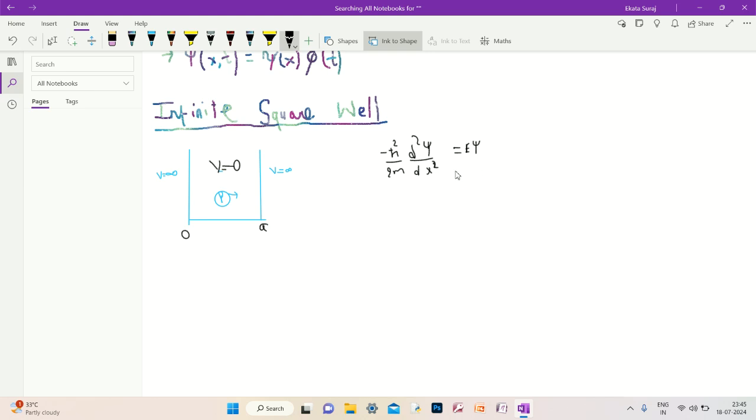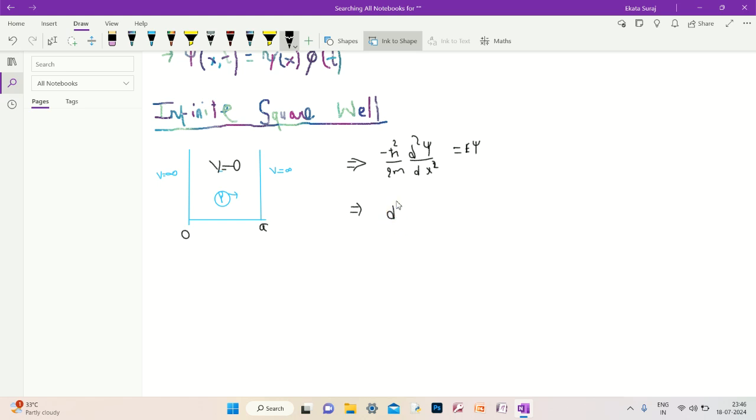So what we are going to do is transfer all these constants to the other side. So the next step would be to transfer this.